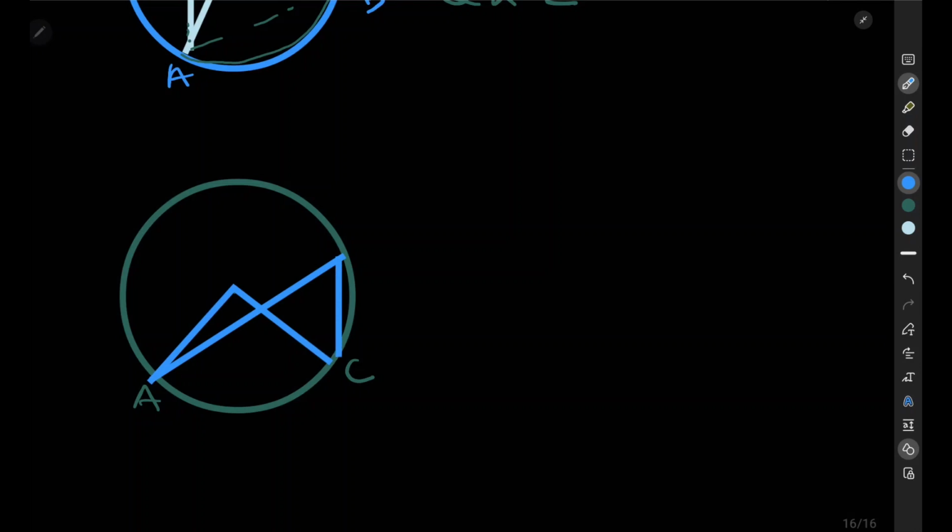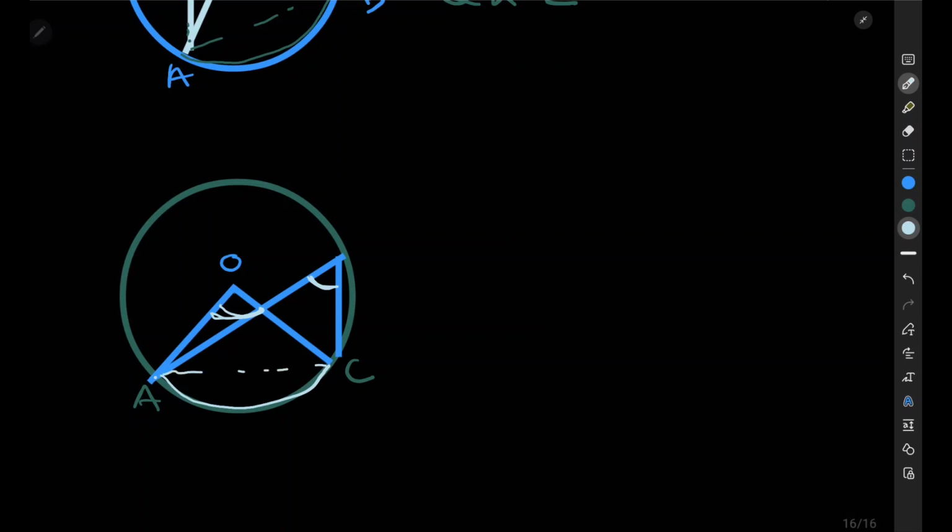Now if you pay attention, you have your center here, and your center angle will be this angle right here. And then your angle at the circumference will be that one. So even in this case, the theorem still applies because they're still subtended by the same arc, which is AC, or you can draw an imaginary chord.